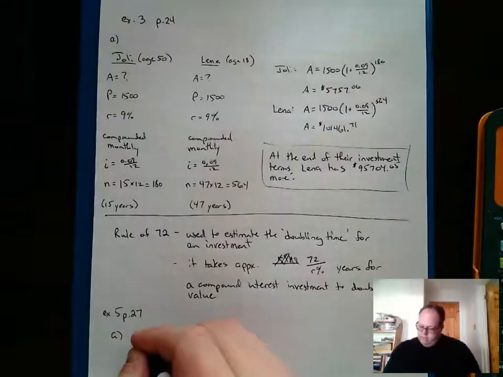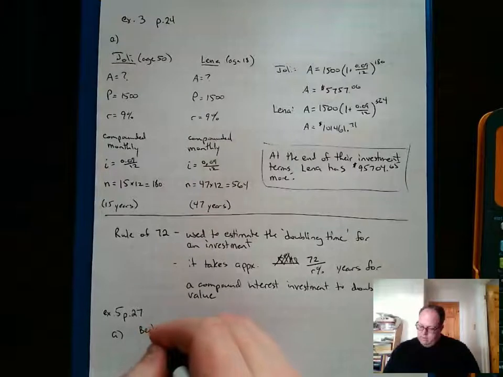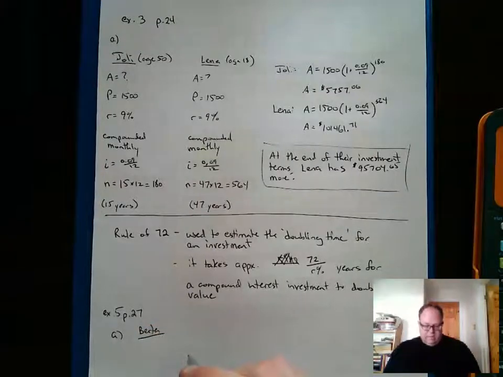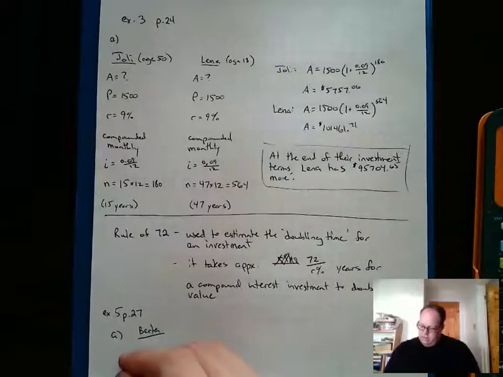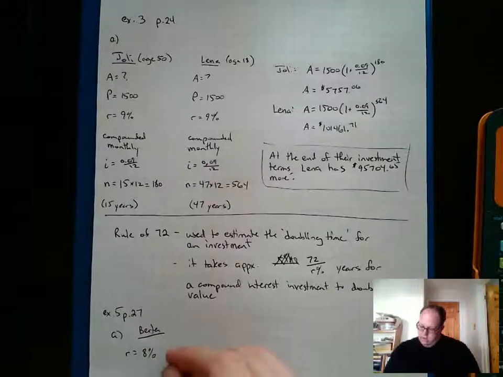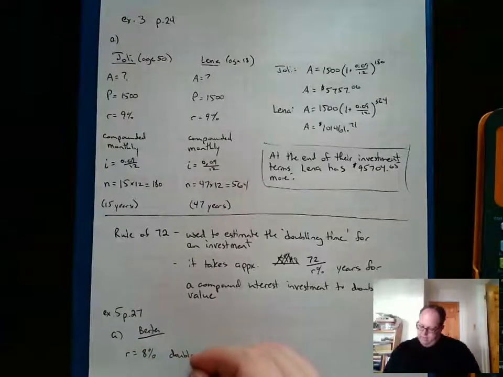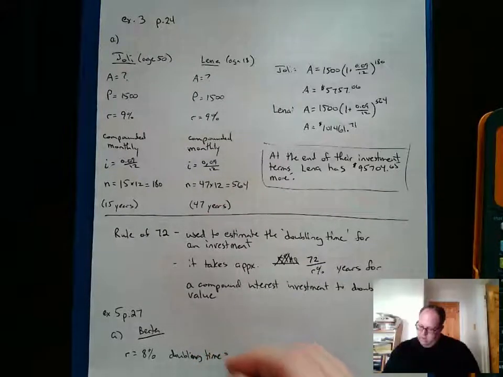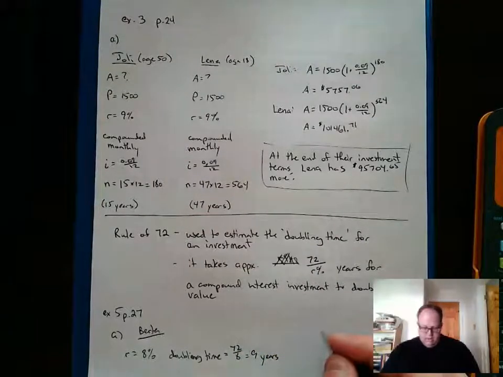So, Berta's, it really doesn't matter how much her initial investment was, since her rate was 8%. Her doubling time will be 72 divided by 8, or 9 years.